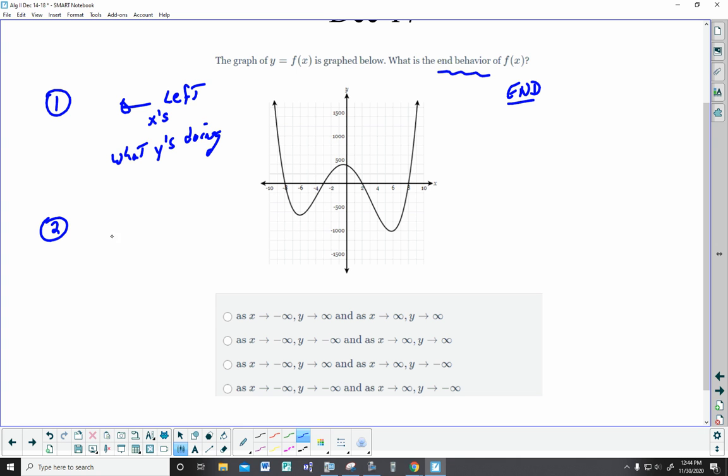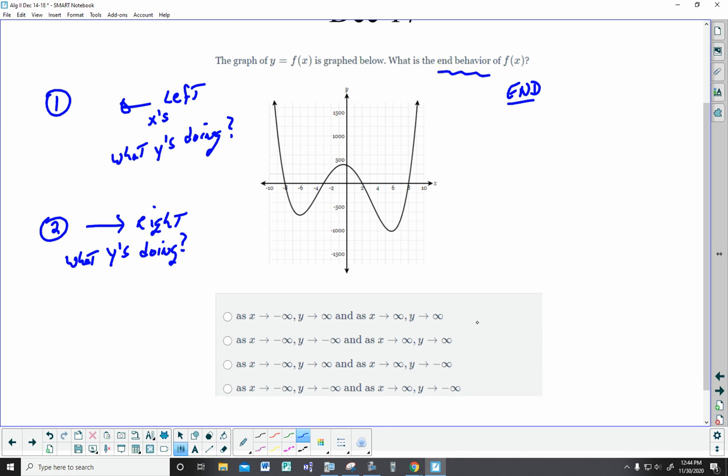Your second question is, as you go right, what are your y's doing? That's really the question you're asking. And this is just a fancy way of asking the question and stating the answer.